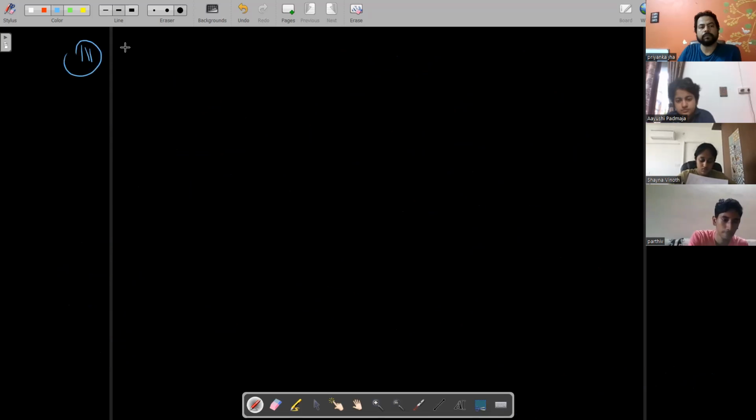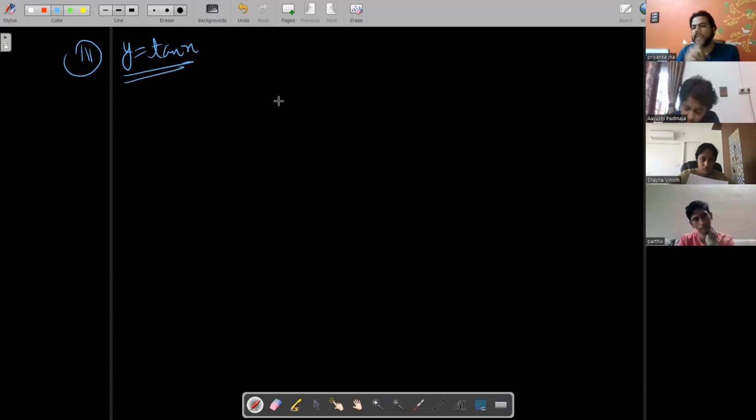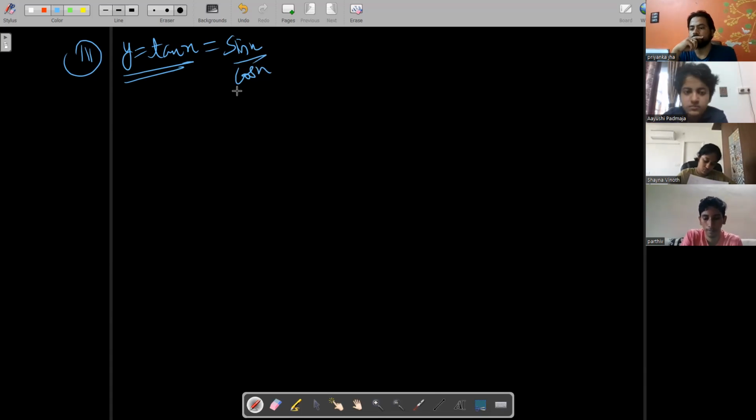Third one is y equal to tan x. Now I have to draw the graph of tan x. If I know cos and sin, we can easily draw tan, cot, sec and cosec. See, tan x can be written as sin x by cos x.